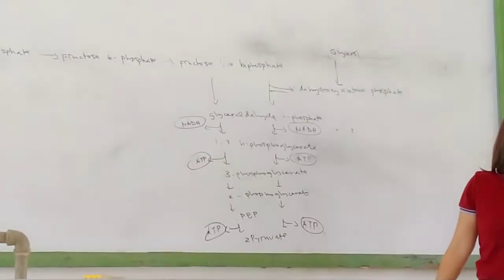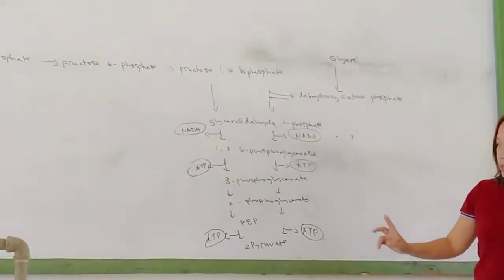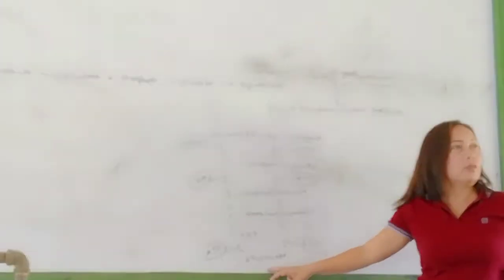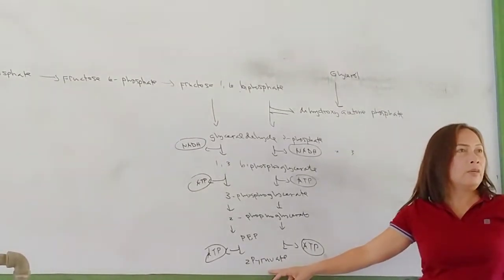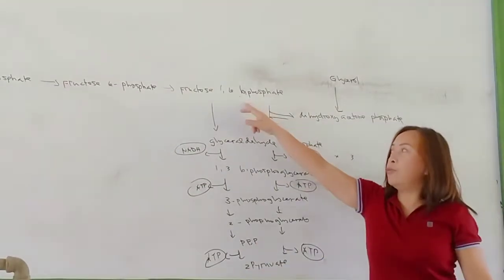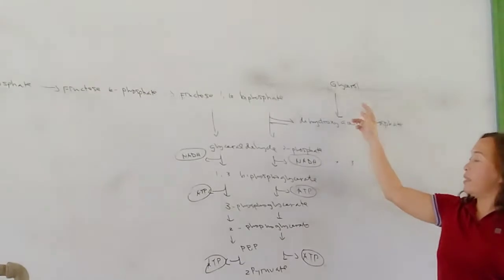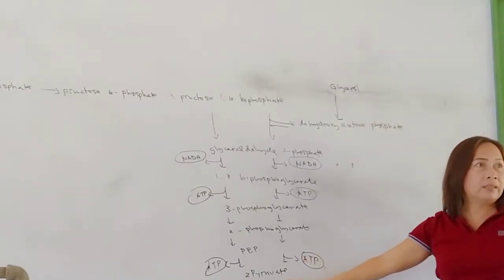Two molecules of pyruvate. Or say, for glycerol, only one molecule. Two is good for the splitting of fructose 1,6-biphosphate. But for every glycerol, there is only one product.